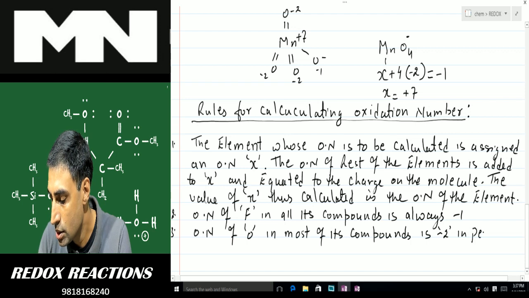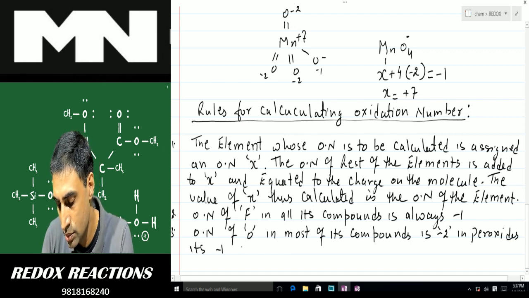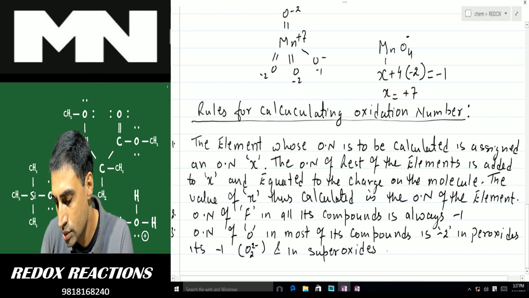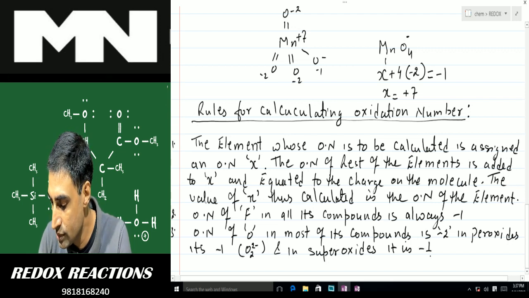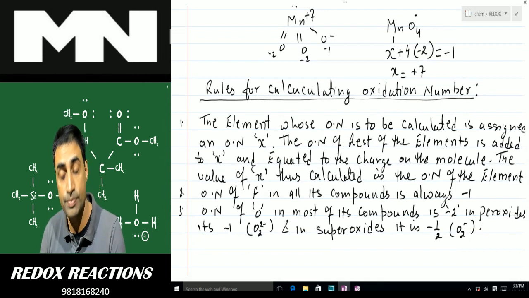In peroxide, it is -1. Peroxide is O2 2 negative. And in superoxides, it is -1/2. Superoxide is O2 single negative. So this is for oxygen.